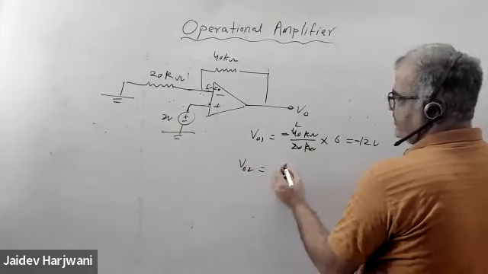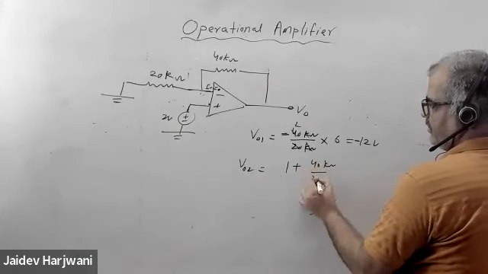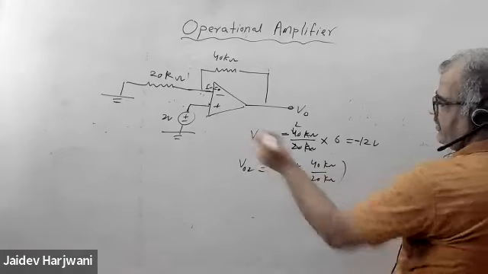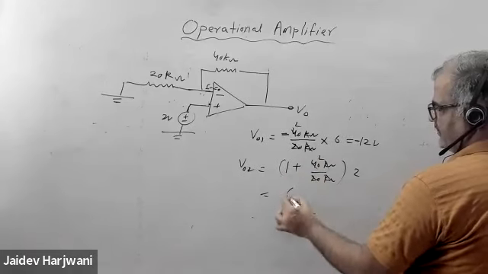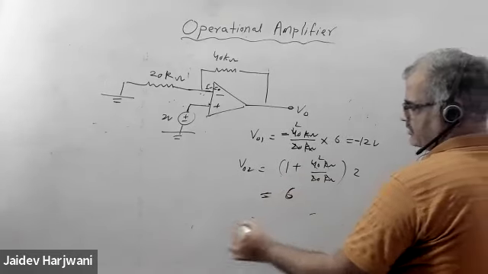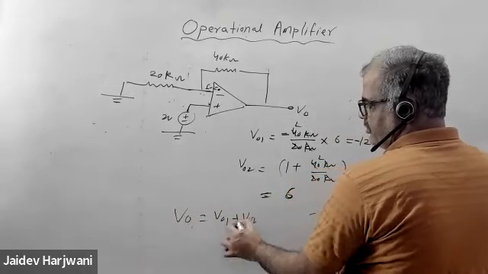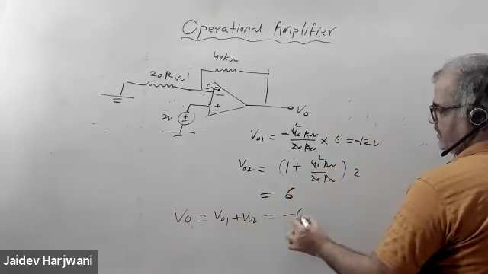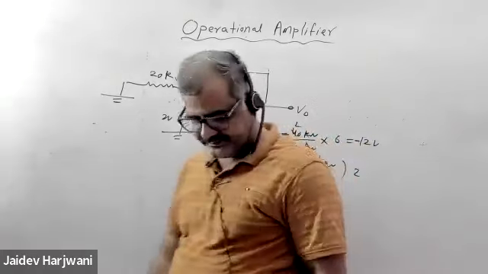So V02 will be simply 1 plus RF, 40 kilo ohm upon 20 kilo ohm, into V input, which is 2. This 1 plus 2 becomes 3, and 3 times 2 becomes 6. The superposition principle says V0 is equal to V01 plus V02, that will be your minus 6 volt. So you can use both the techniques.